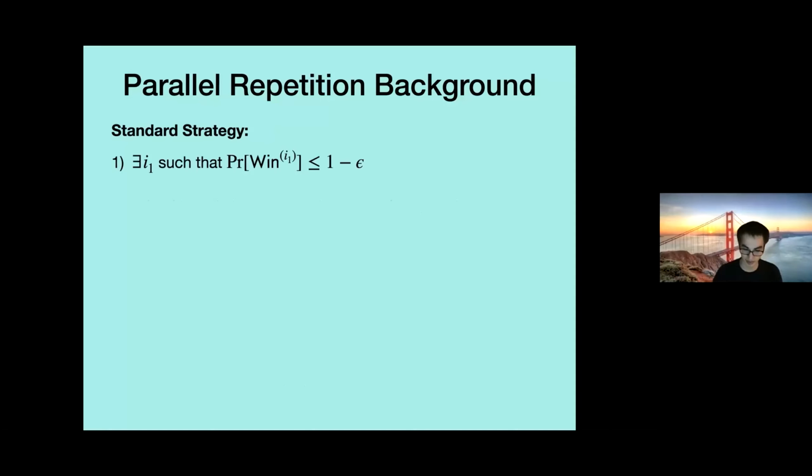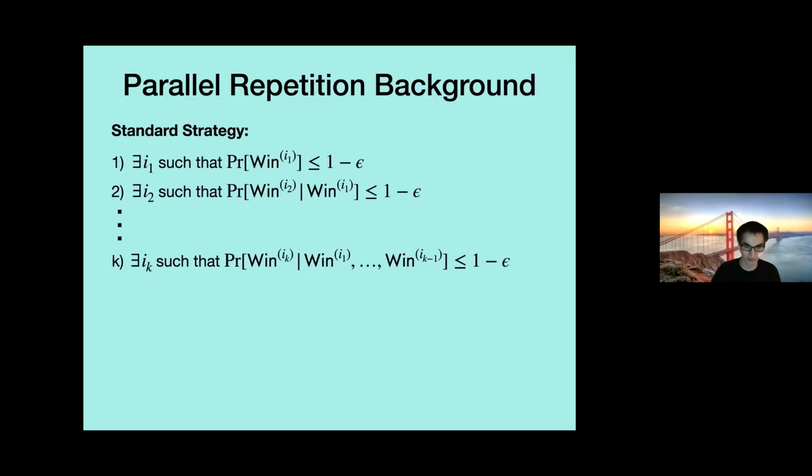Then after we've established that, we want to say that conditioned on winning in this first coordinate that we specified, there's another coordinate that remains hard even after you've conditioned on winning in this first coordinate. And you can keep doing this, just as you go along, condition on all the coordinates that you've enumerated so far.